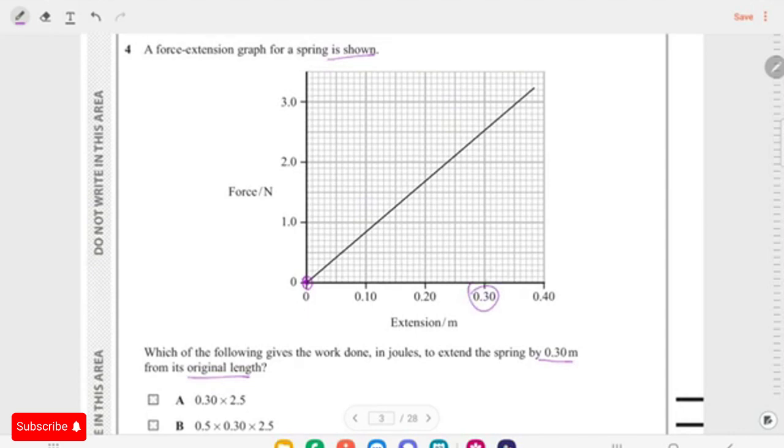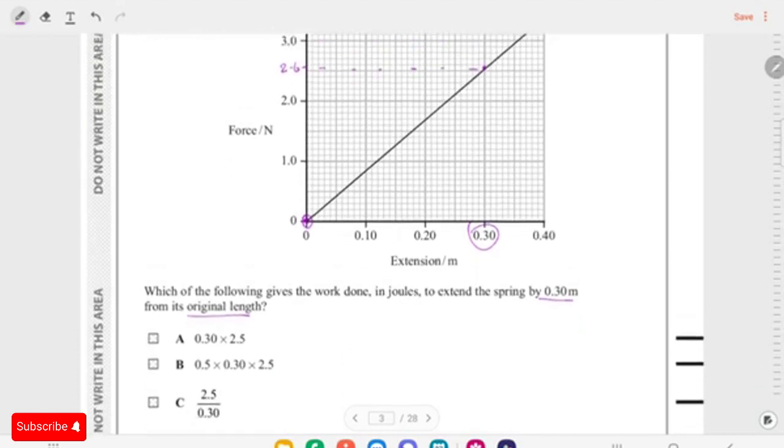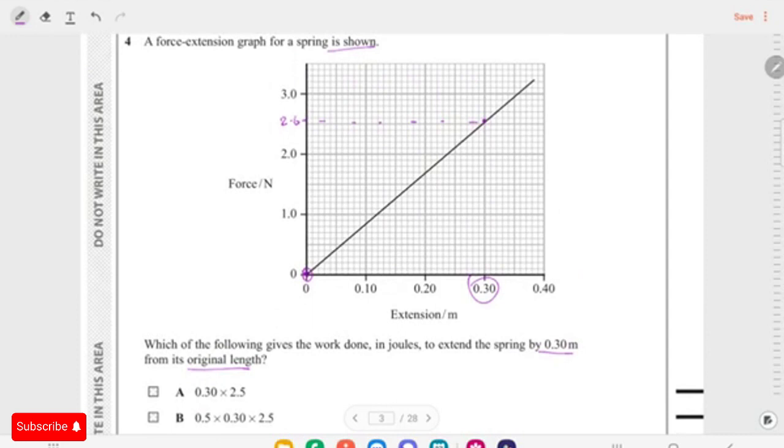So if you go along this line, this is where the force is, that is approximately 2.6 as we can see in the graph. So this is 2.6 over here. Since we're trying to find out the work done for a force extension graph, the area under the graph is always the work done. As you can see, this clearly creates a right angle triangle.